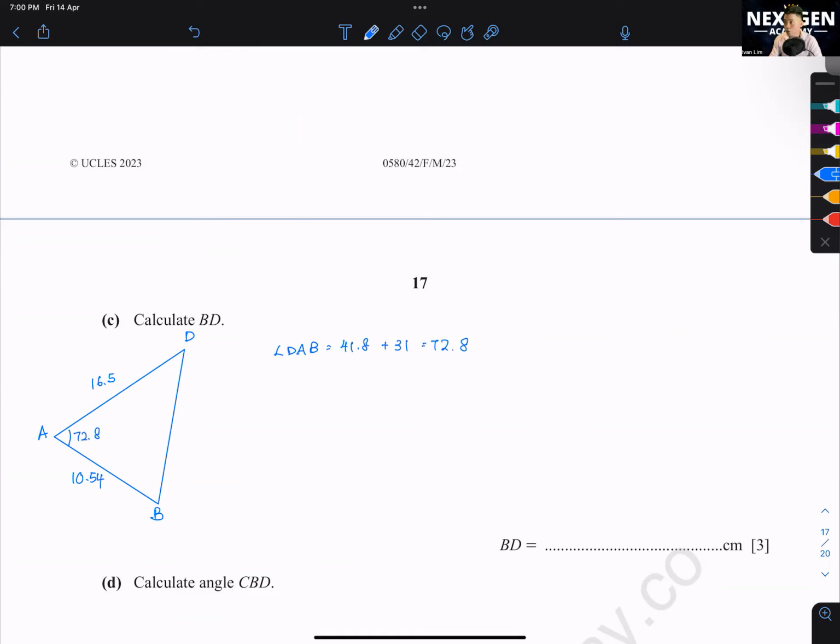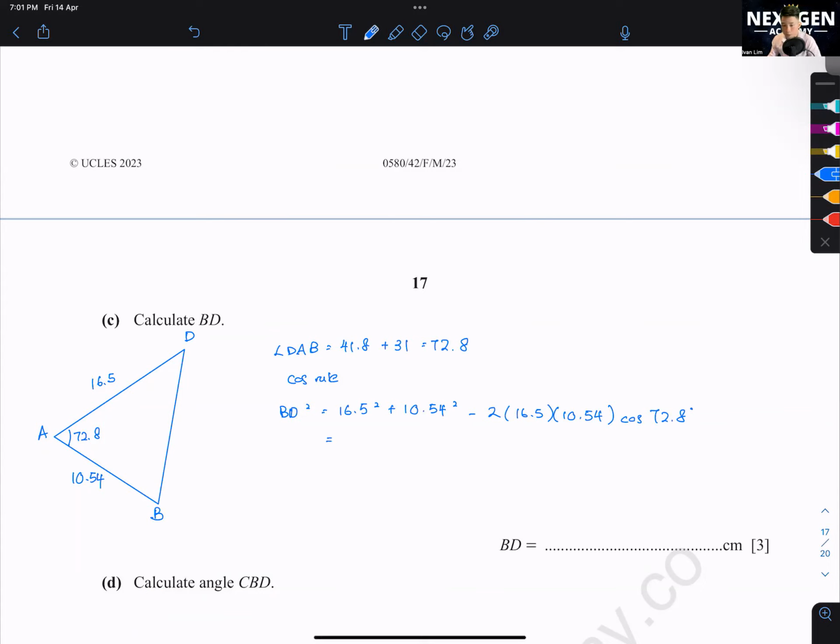So I'm going to use cos rule over here. Cos rule is BD squared equals 16.5 squared plus 10.54 squared minus 2 times 16.5 times 10.54 cos 72.8 degrees.